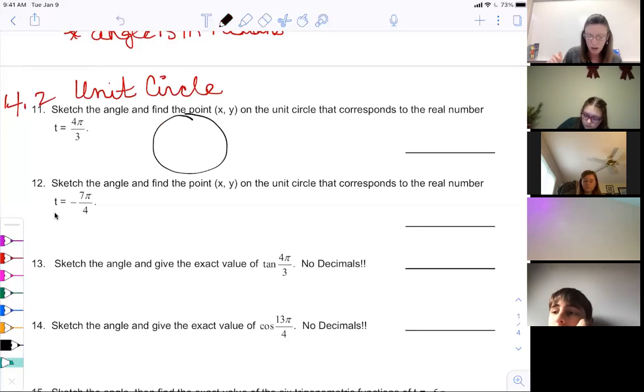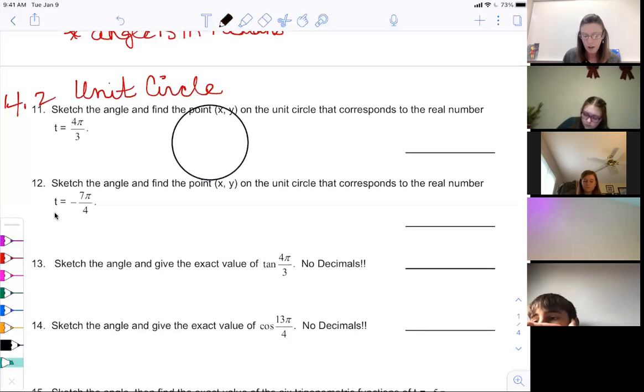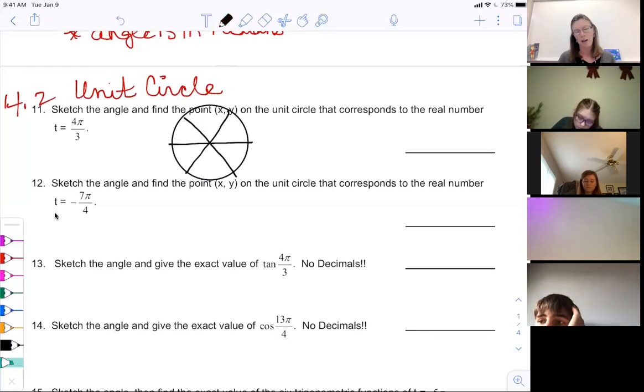So draw a little diagram. Sketch the angle. I know that the denominator is thirds, so the top of the circle is thirds, the bottom of the circle is thirds. And then I need to go to where it's 4 pi over 3. So that's sketching the angle.